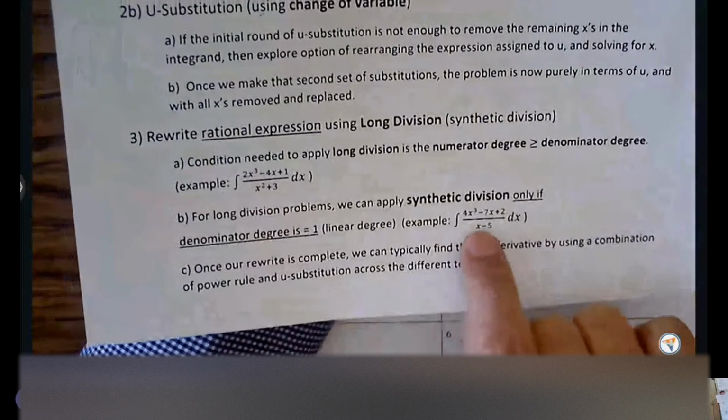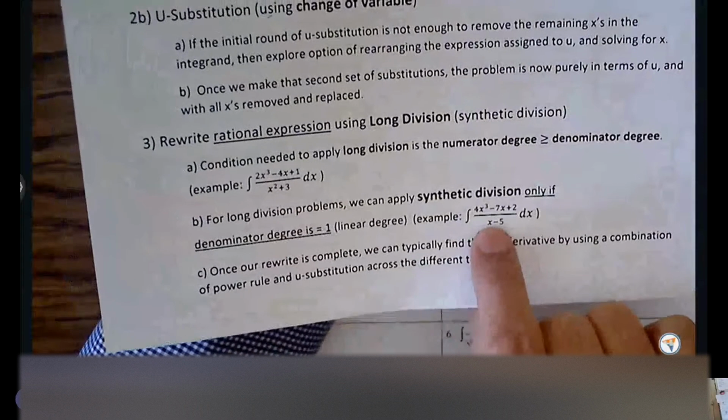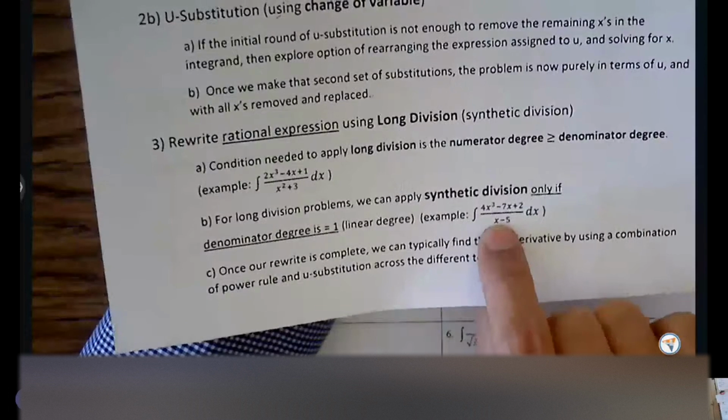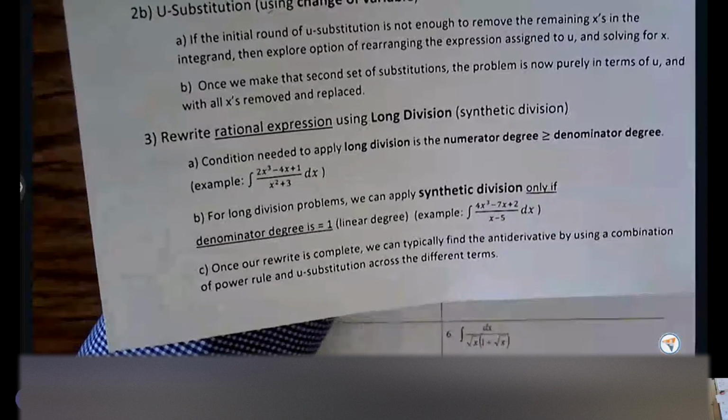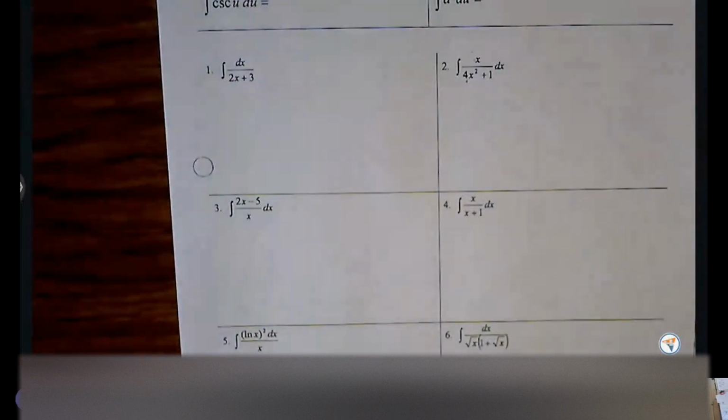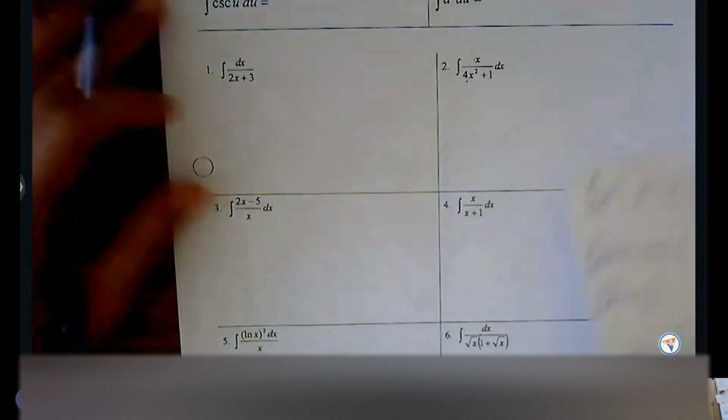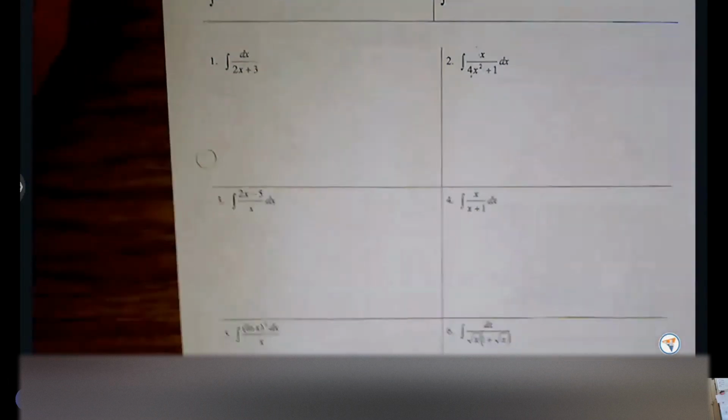If it is first degree, you can do synthetic, but anything with synthetic you can also do with long division, so you have some options there. All right, so just a summary of the process we're going to work through with all these problems: power rule, u substitution, and long division, in that order. Okay, that's the checklist.